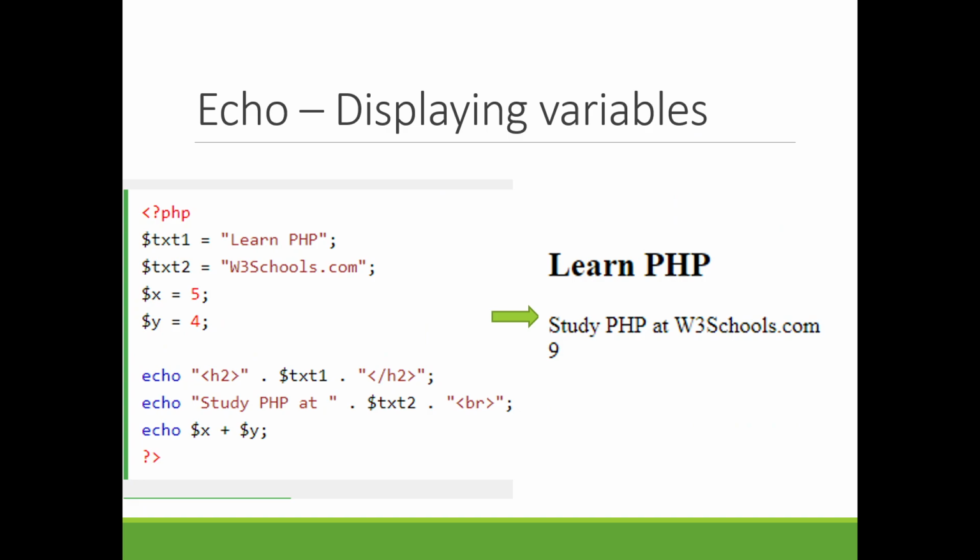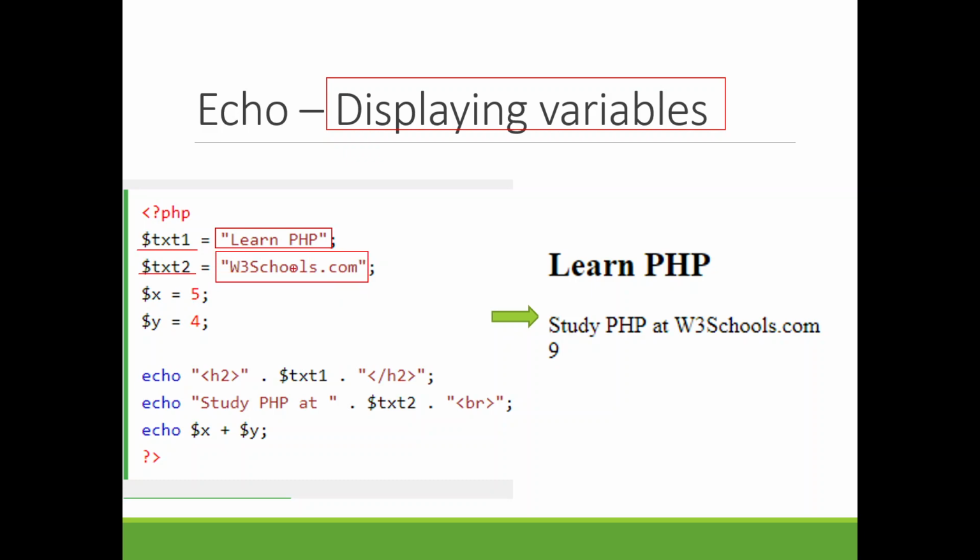Okay, so you can also use echo to display variables. Look at this particular example. So we have variable 1 here called $txt1. Then we've given it a string, learn PHP. You can see here, learn PHP. Then we have $txt2. So these are variables in case you missed the last class.